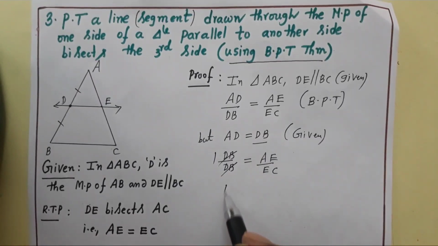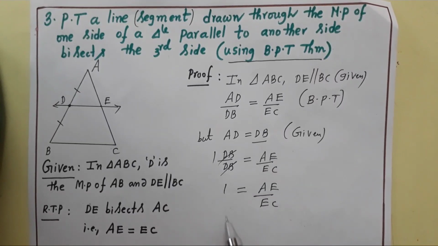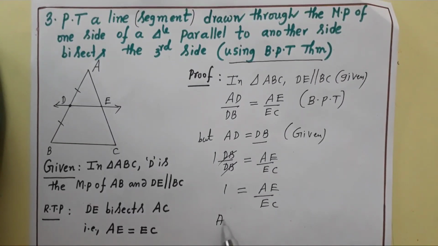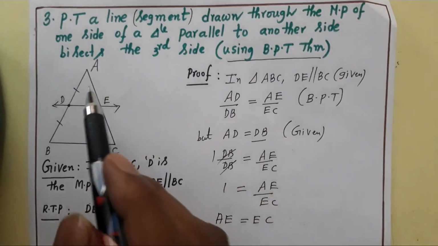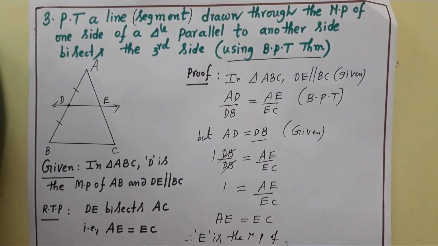This both gets cancelled. 1 is equal to AE by EC. If you do the cross multiplication, you will get AE is equal to EC. Nothing but E is the midpoint of AC. Therefore, E is the midpoint of AC.